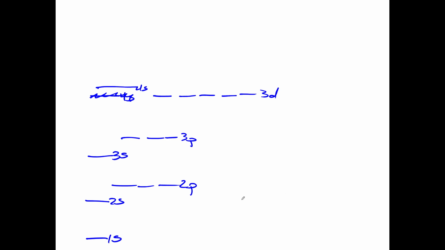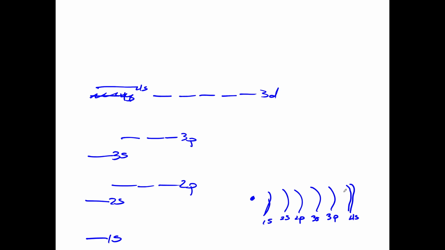So if we look at that horizontal, here's the nucleus, 1s, 2s, 2p, 3s, 3p. 3d will be here, but the 4s is very close to it.